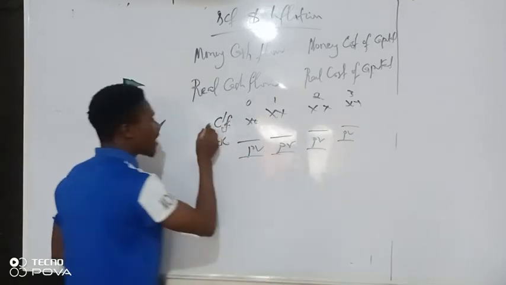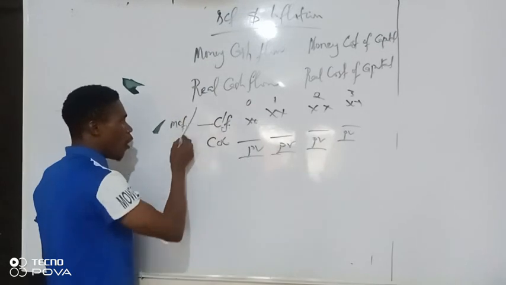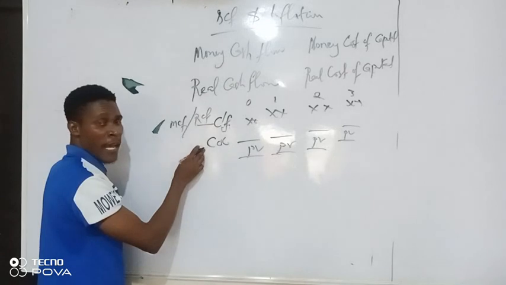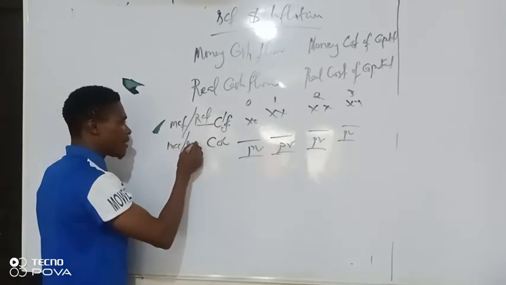Now, this cash flow that we have here could be money cash flow or real cash flow. And this one could be money cost of capital or real cost of capital.